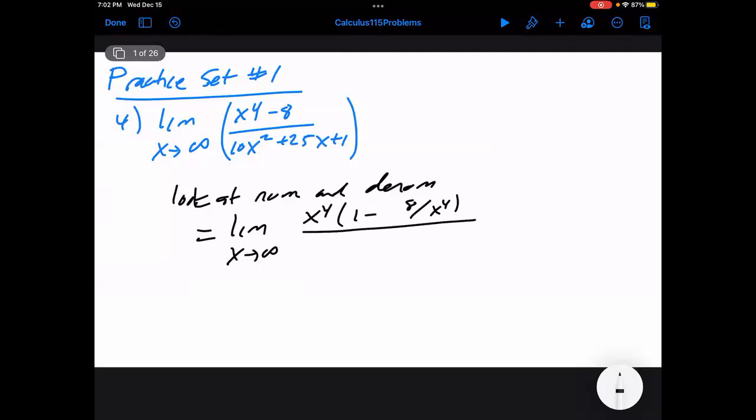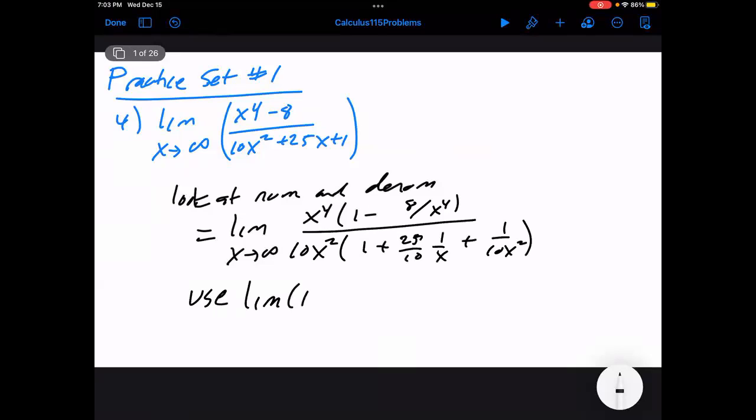Below, we pull out a 10x squared, giving 1 plus 5 over 2 times 1 over x, plus 1 over 10x squared. We want to use that the limit of a product is the product of the limits.